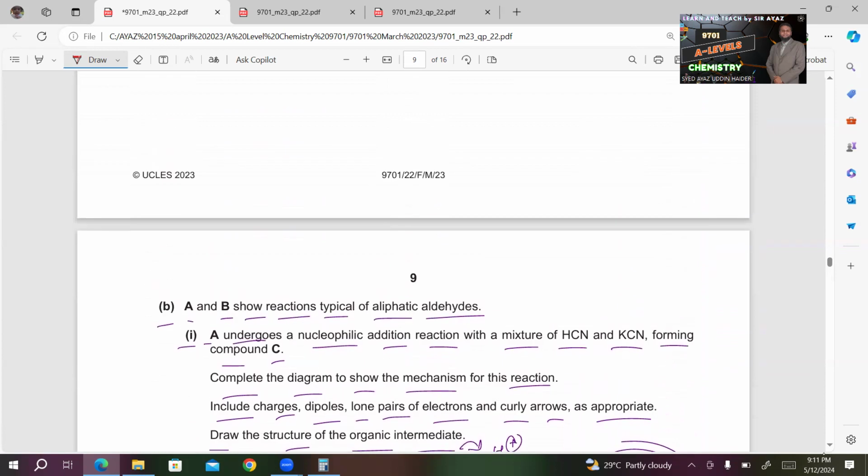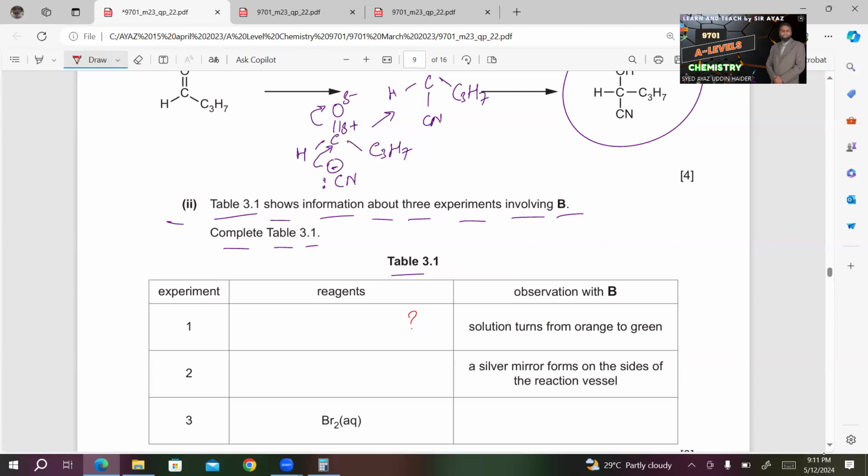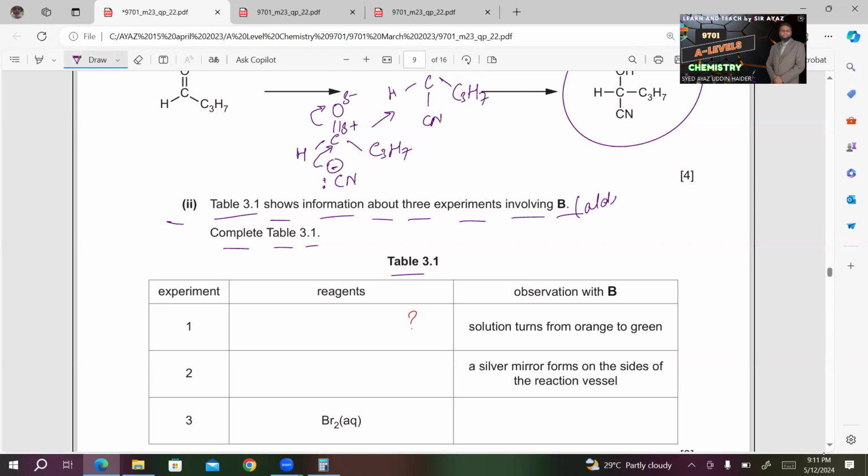Remember, it's an aldehyde. So it must be acidified potassium dichromate, that is K2Cr2O7. So you write acidified K2Cr2O7. Now what gives us silver mirror on the sides of reaction vessel? It must be called Tollens' reagent.